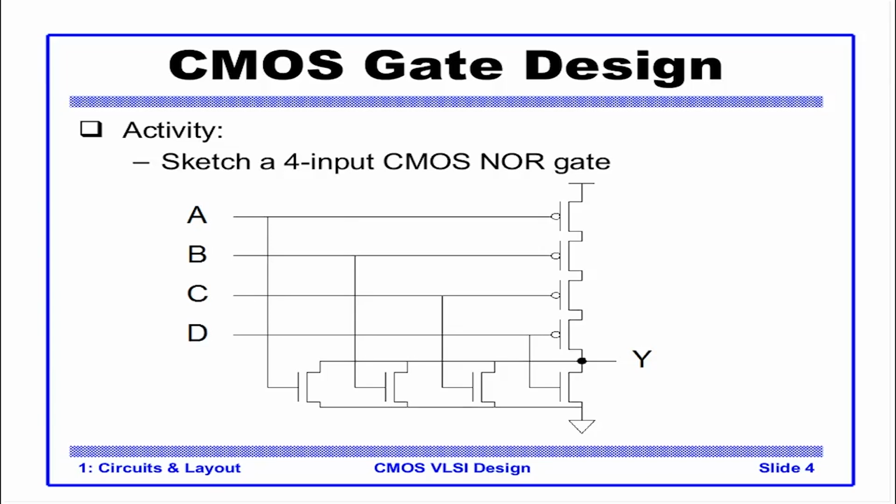As I said, each input, let's say A in this example, will be connected to 2 transistors, one PMOS and one NMOS. It will be connected to the gate input of both transistors. The pull down network will be connected to ground. The pull up network will be connected to VDD.